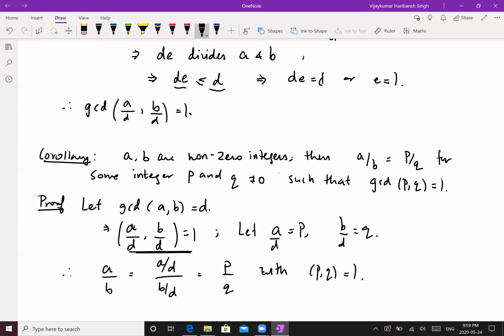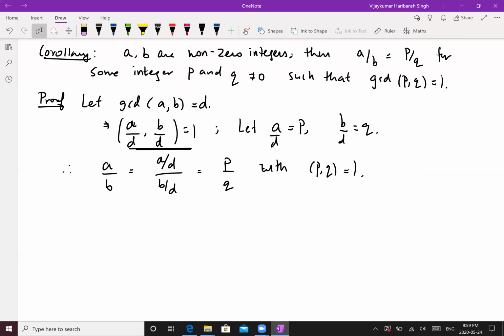So now a few more results. Theorem: there are a few more properties of GCD, namely the following.